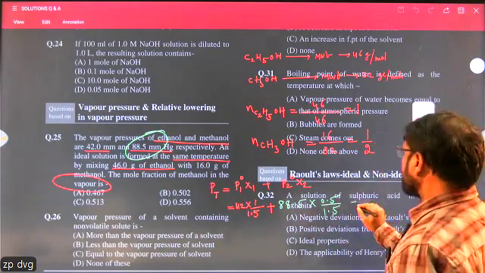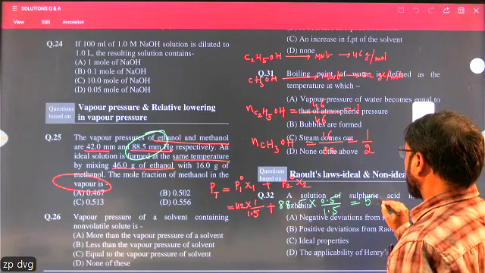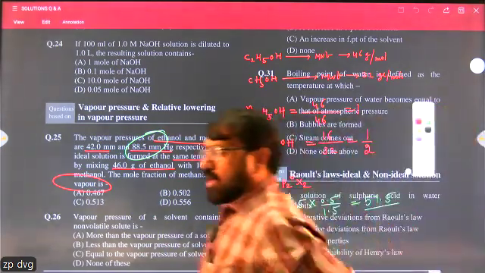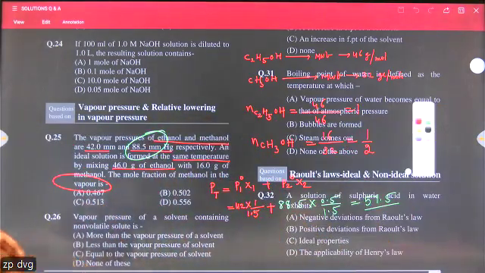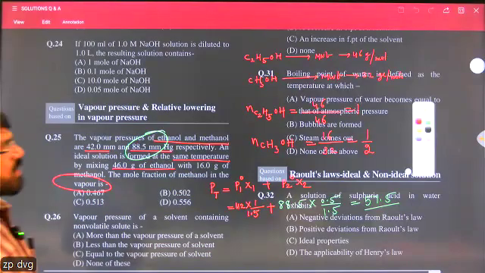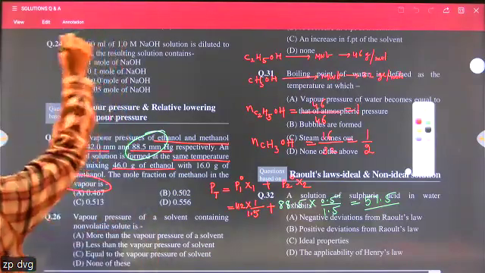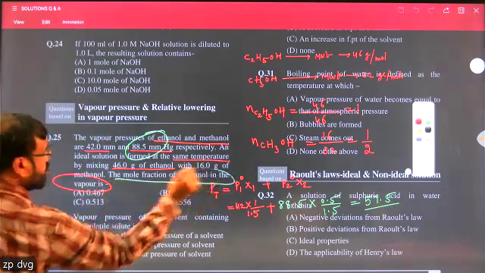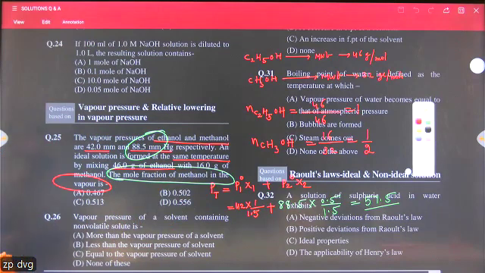If we simplify this, how much total pressure will we get? 57.5 we will get. Just simplify it and you will get 57.5. So that is the total pressure of the solution. But they are asking the mole fraction of methanol in vapor phase.